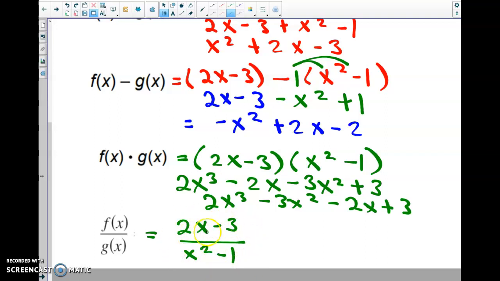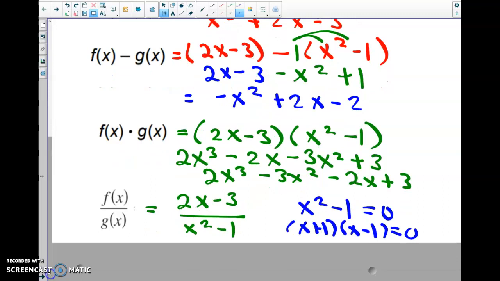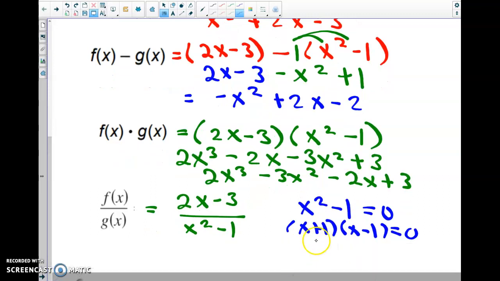However, because we now have a variable in the denominator, we need to make sure we say x cannot equal any values that would make the bottom equal 0. So off to the side, set that x squared minus 1 equal to 0. This is a difference of squares, so you could do x plus 1 and x minus 1. So the values that make this denominator equal to 0 is x cannot equal negative 1 or 1.